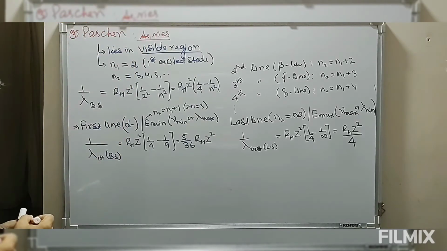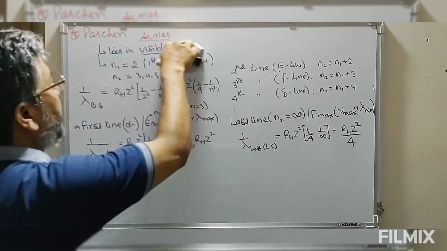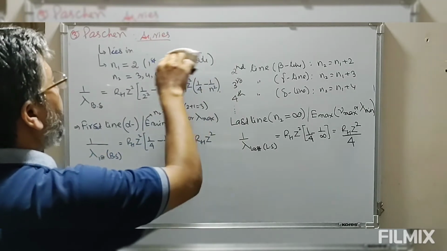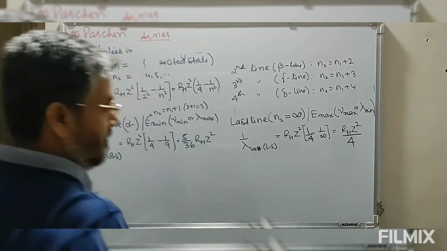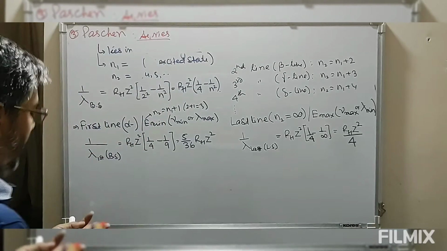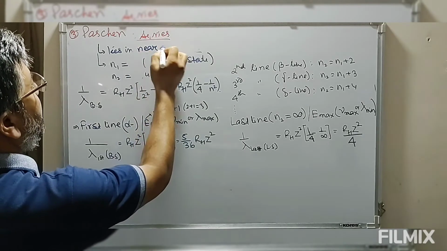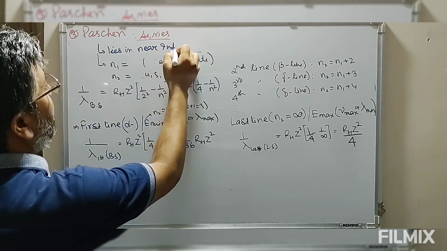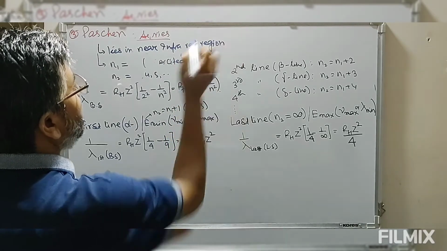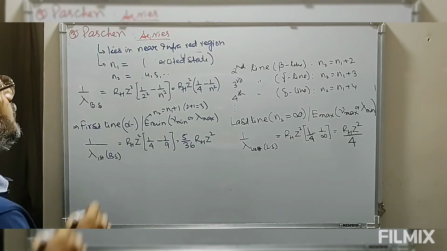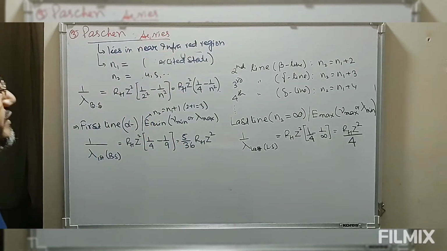This Paschen series lies in the near infrared region of the electromagnetic spectrum. So Paschen series lies in infrared, near infrared.